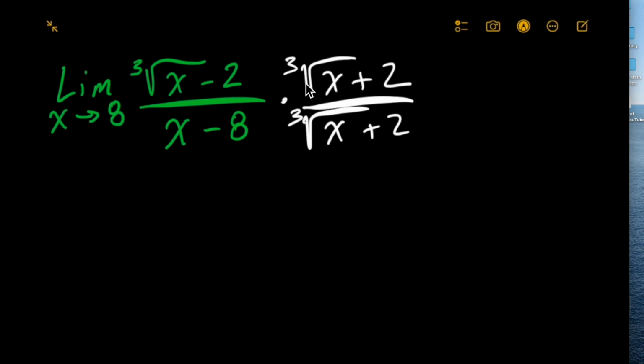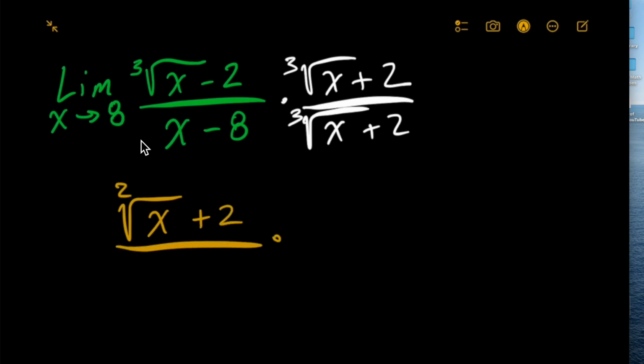You cannot use the conjugate when you are dealing with cube roots. And here's why. You can only use the conjugate when you're dealing with square roots. Okay, forget the denominator. Let's just look at the numerator. So if you want to multiply by the conjugate here, you're counting on the fact that this radical times that radical gets rid of the radical sign.